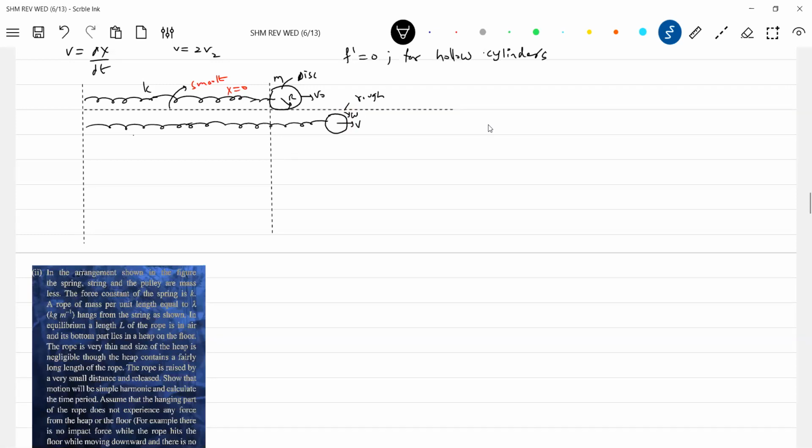V, omega, and the spring force will be acting like this. Finally, it will come to instantaneous rest. This we'll call the amplitude, say A1, at instantaneous rest.